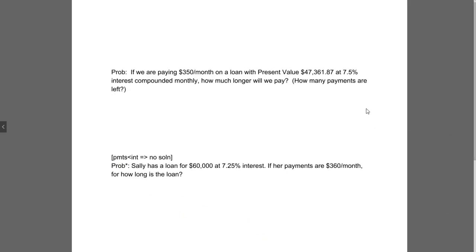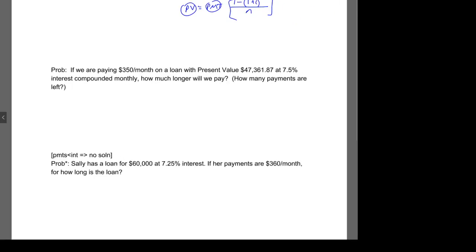And then you can also solve for n. So remember a little formula like this: 1 plus I to the minus n over I. And you could solve for either the payment, the present value, or the n. So in this case, we're going to solve for the n, and let's figure it out.